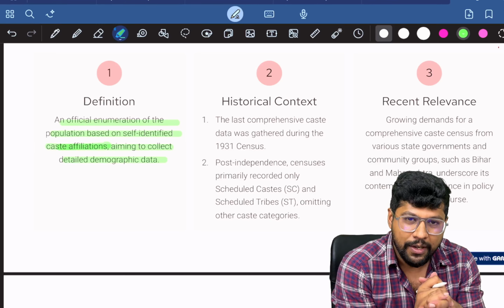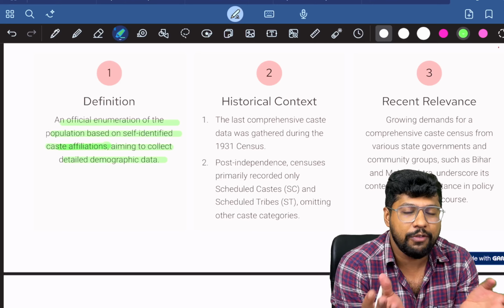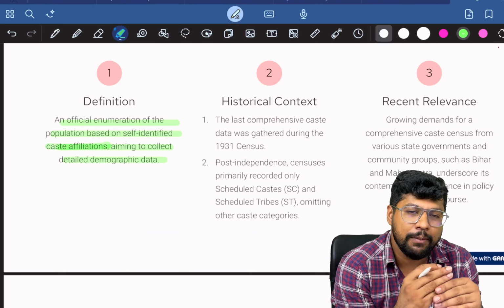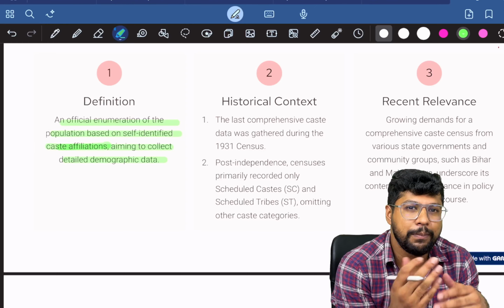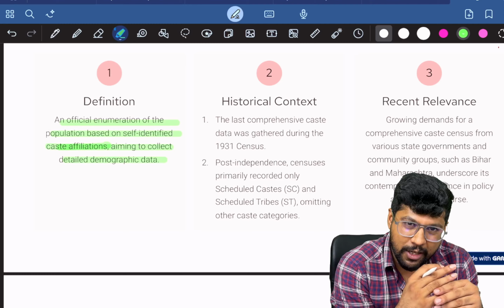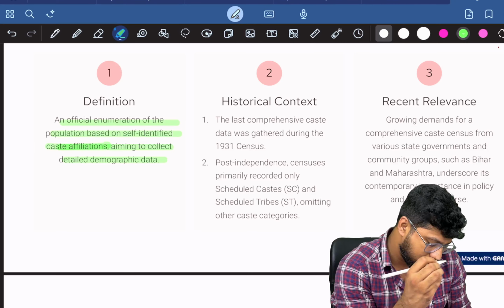Here is a trap, because the enumerator may not be aware of all the castes existing in India. Many people identify themselves as different castes, and there are many subcastes and jatis in India. That also makes the situation a little more confusing, and we will discuss all these aspects in the later part of the video.